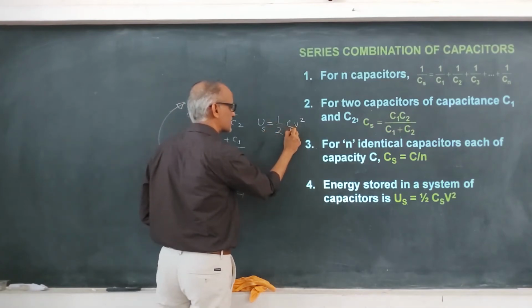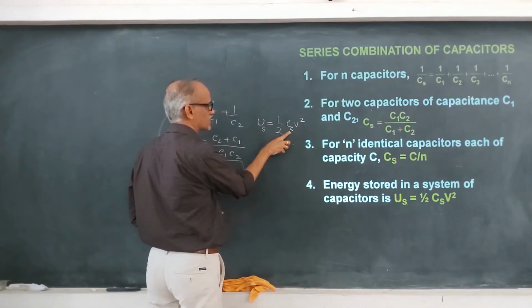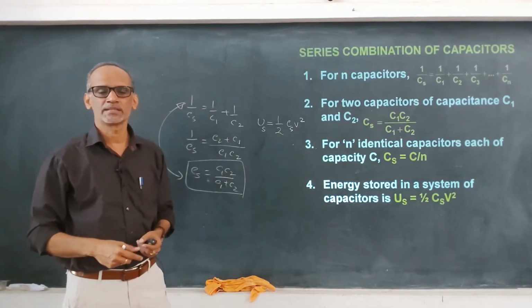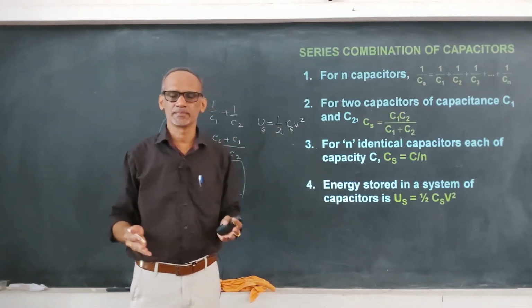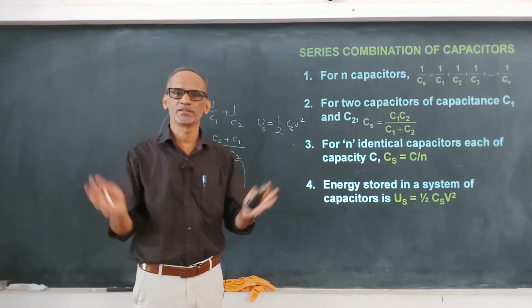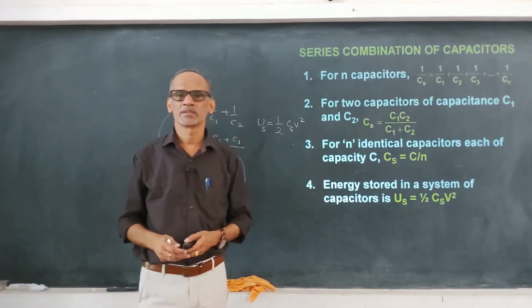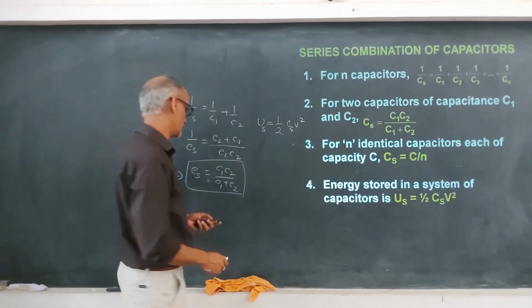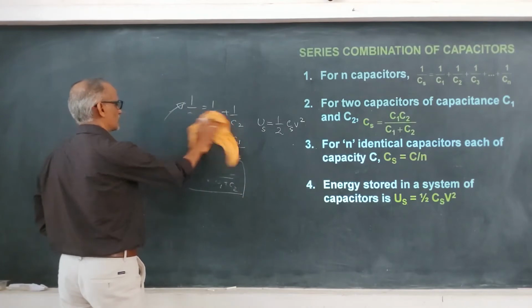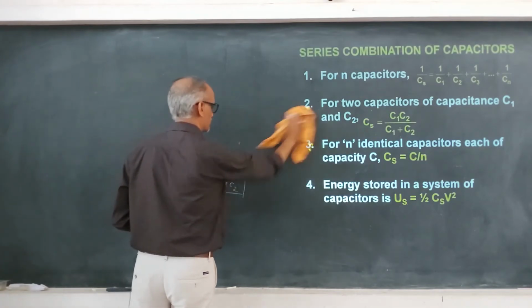Half into CS, the effective capacity of the series combination, and V is the potential difference across the combination. So that is the energy stored in the entire system, not in an individual capacitor. We can find it using this particular formula. Hope you have understood the different formulas. We are going to use them while solving the numericals.